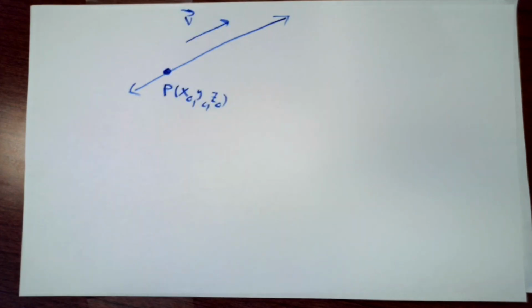I'll suppose I have a point P on the line whose coordinates I know, x0, y0, z0, and also I have a vector v whose direction is along the same straight line as the line that I'm interested in. v is parallel to the line.